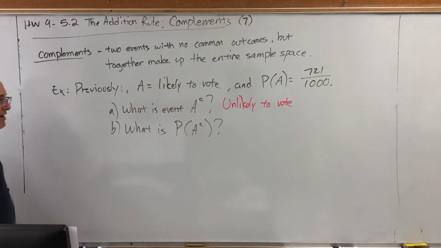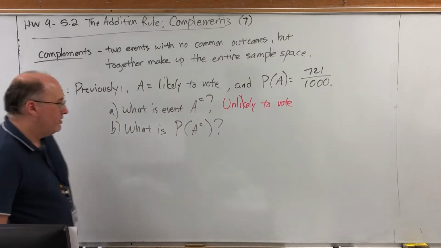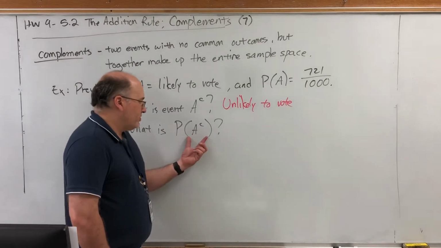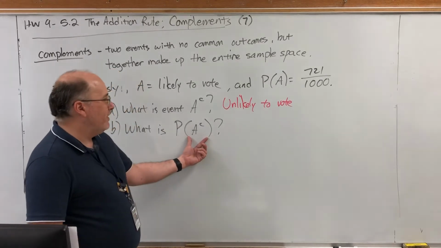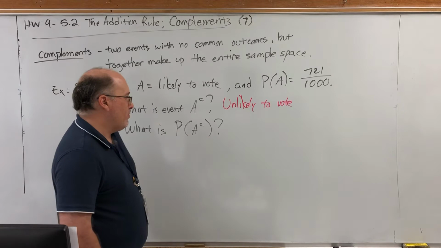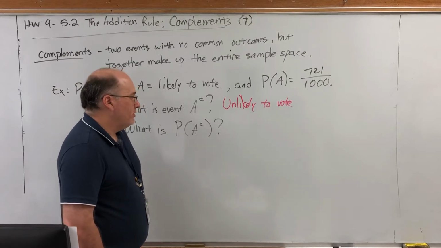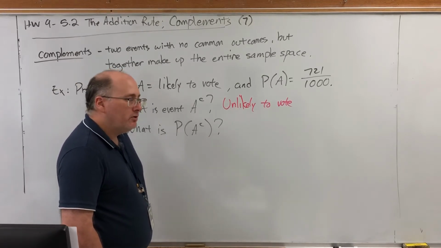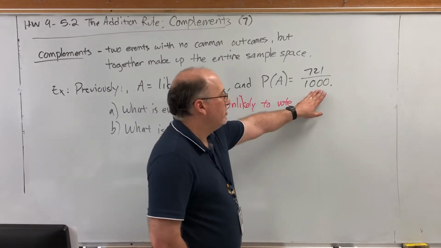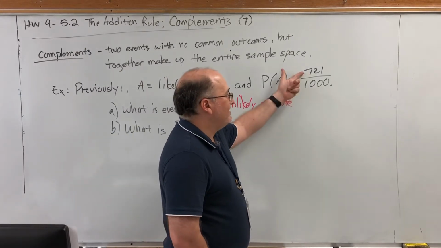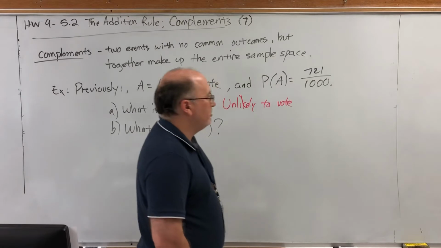But how can we calculate the probability of A complement? In other words, the probability that someone is unlikely to vote. We don't know how many people are unlikely to vote. Or do we? We know there were 1,000 who were surveyed and 721 were likely to vote.